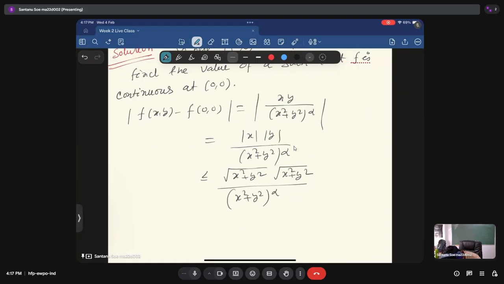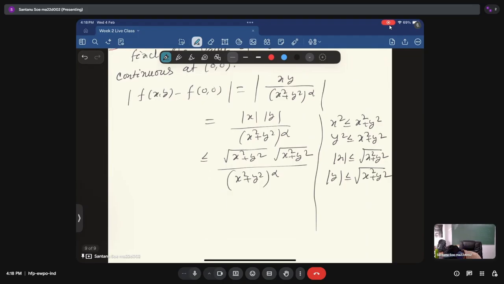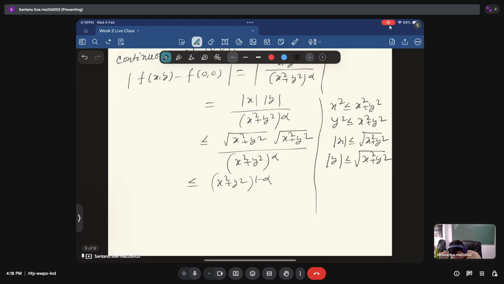This is because x^2 is less than or equal to x^2 + y^2 and y^2 is less than or equal to x^2 + y^2. So |x| is less than or equal to sqrt(x^2 + y^2) and |y| is also less than or equal to sqrt(x^2 + y^2). So this will be less than or equal to (x^2 + y^2)^(1 - alpha), correct?